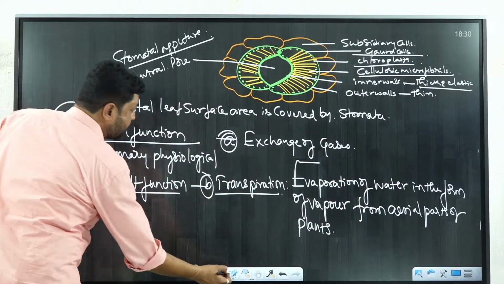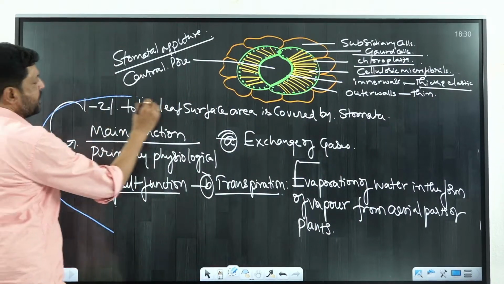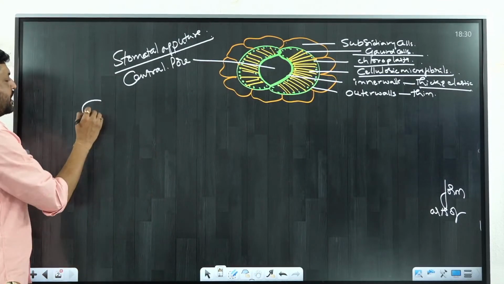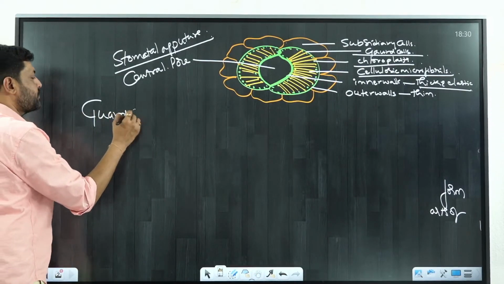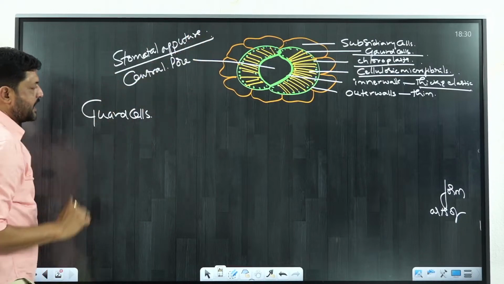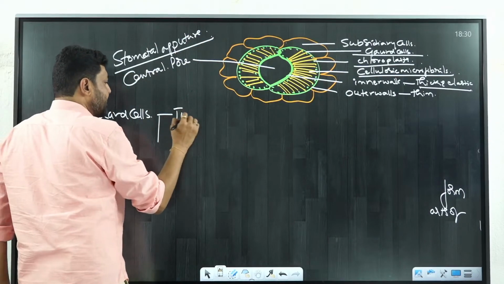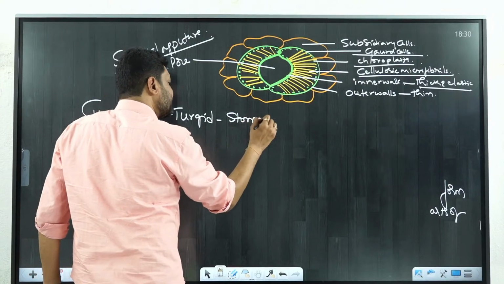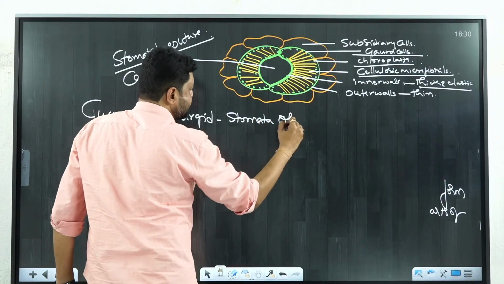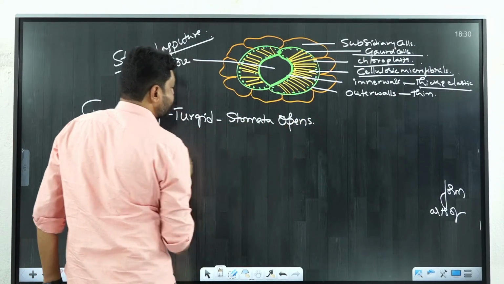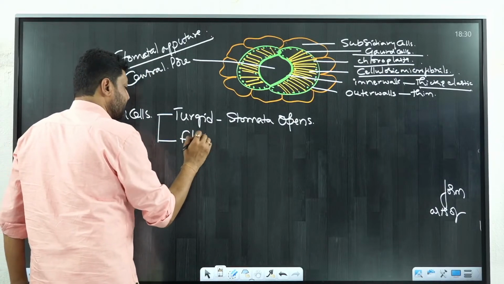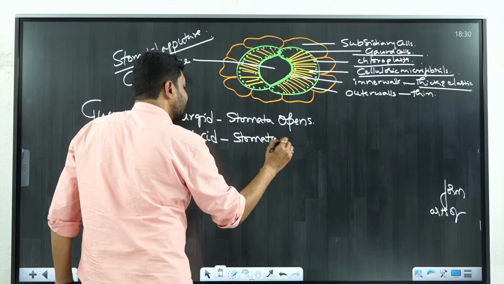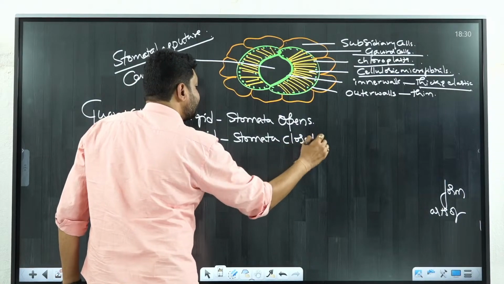So another question we can expect from the same stomata: have a look here at the guard cells, the central green colored cells. If they are turgid, the stomata opens. If they are flaccid, the stomata is closed.